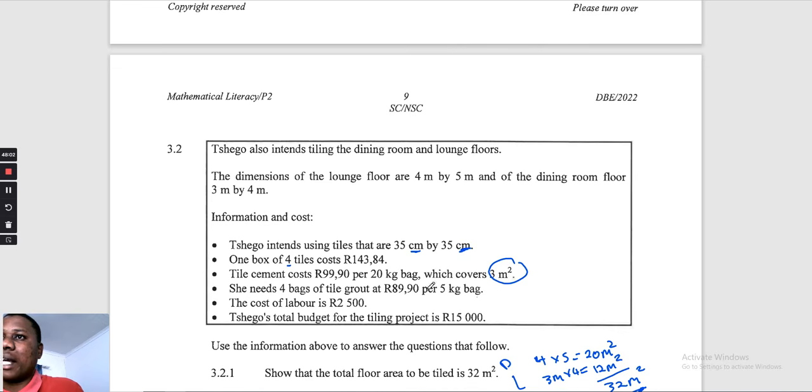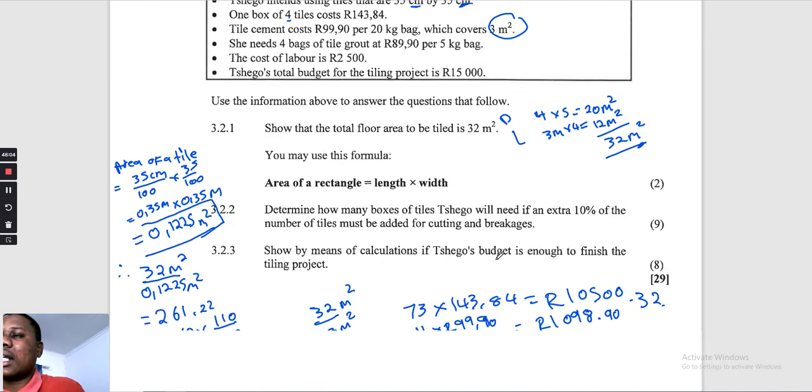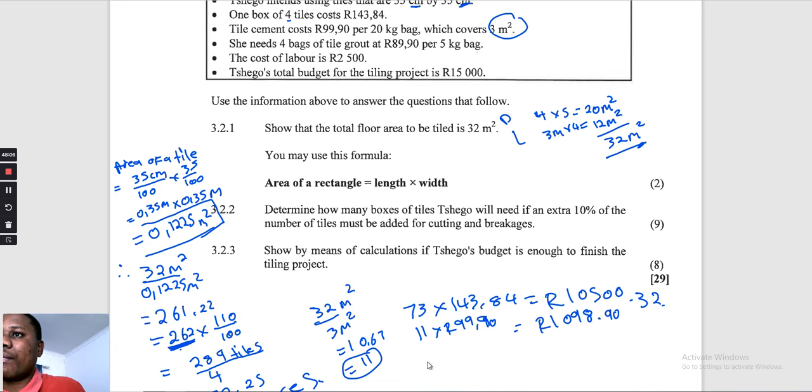Then she's also going to spend on the bags of the ground, of which there will only be 4. So it's 4 multiplied by 89 rand 90 cent, which gives us 359 rand 60 cent.